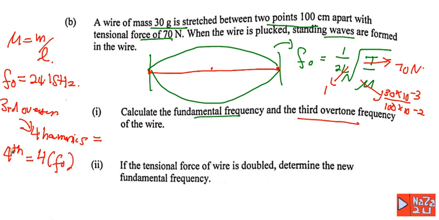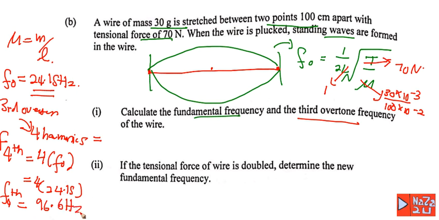So the frequency for the fourth harmonic is equal to 4 times the fundamental, calculated from the 24.15. So the frequency for the fourth harmonic is equal to 96.6 Hertz. Right? This is the frequency of the third overtone.